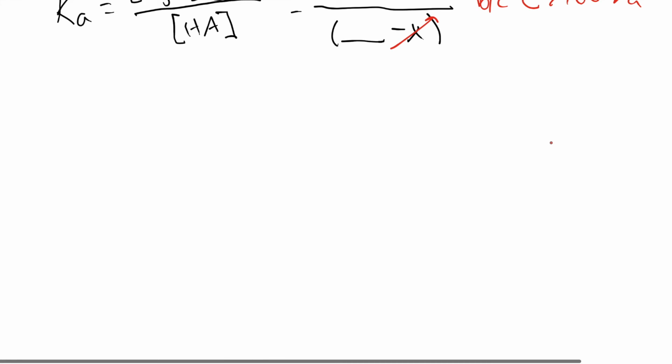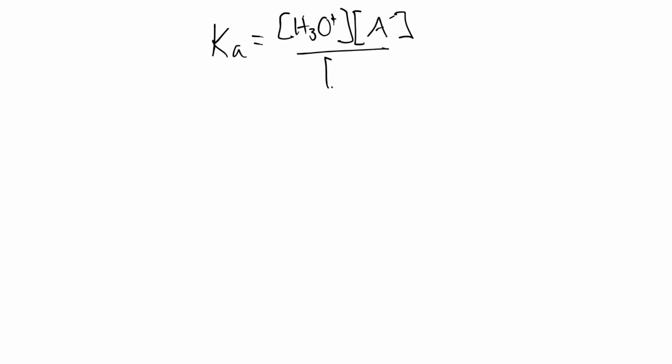So now let's actually derive it. Let's rewrite the Ka expression, because this is what we're going to derive it from. Ka is equal to the concentration of the hydronium ion. We can also abbreviate this as H plus, but it's more accurate as the hydronium ion, times the base all over the concentration of the acid.